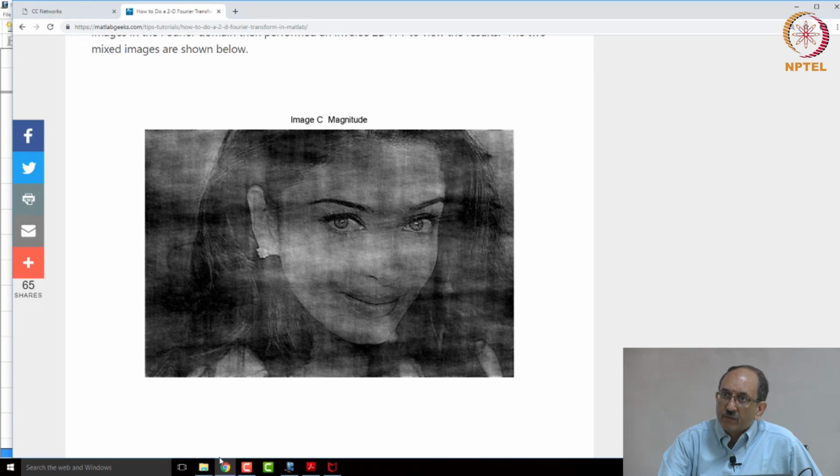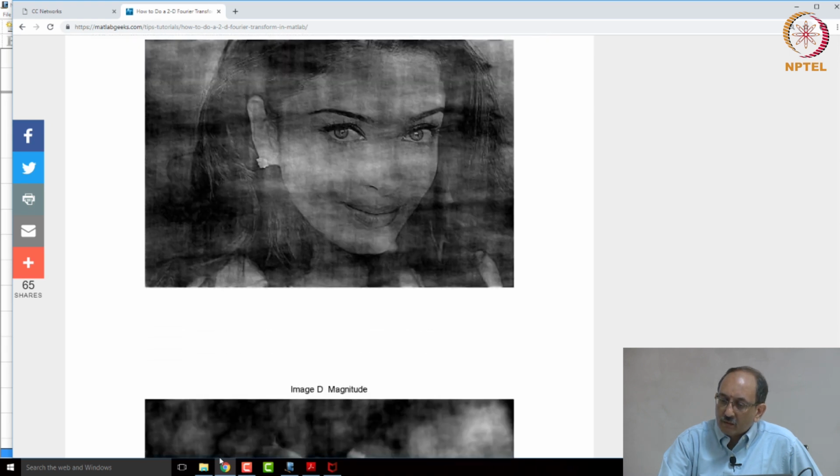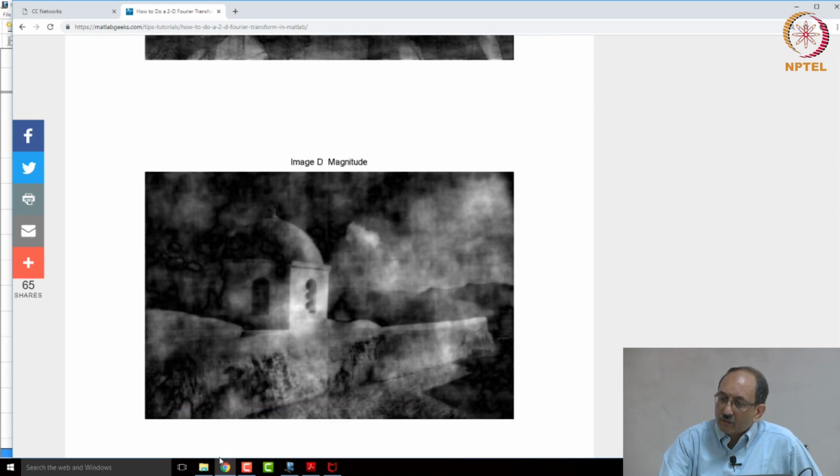And this is the church image, but this has been obtained by taking the magnitude of the second image, which is the face, and the phase from the first image, and clearly this looks much closer to the church.